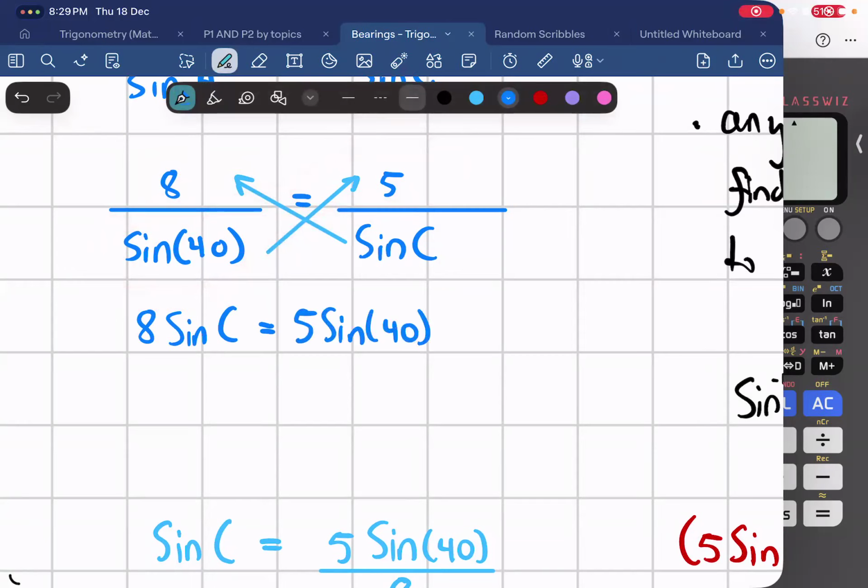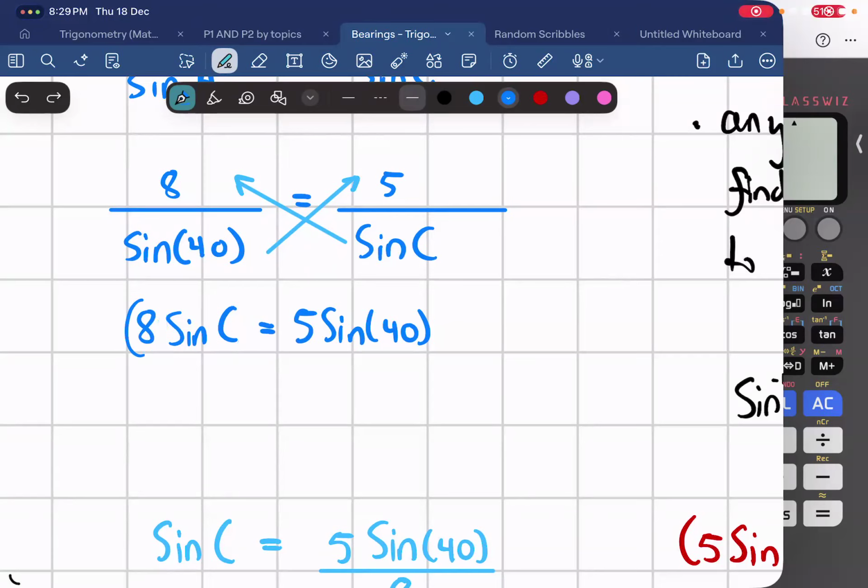Now, to the person wondering if it should have the same denominator: if you want to cancel off something that's being multiplied, you divide by that on both sides. Camille, you see how we have 8 being multiplied by sine C? I need to isolate sine C. Sine C is our emo kid who wants to be by himself.